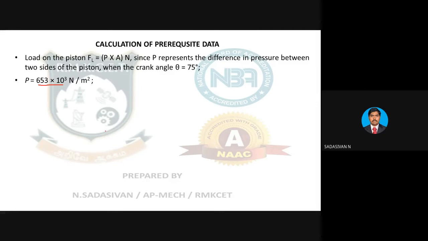Area of the cross section of the cylinder: bore diameter is 0.24, so pi by 4 d square is 0.0452. So the load on the piston, P1 into A1, is 29,545 Newton. Okay, so that is my FL.